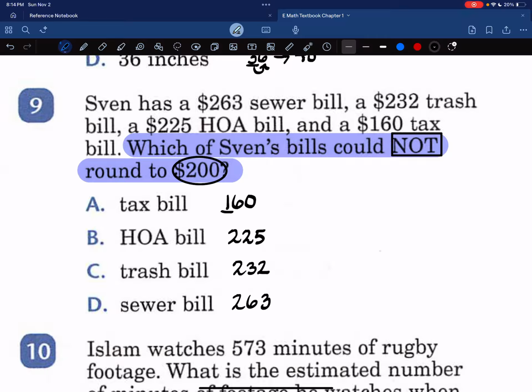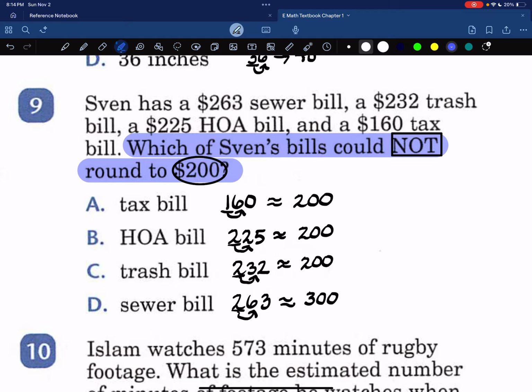So let's mark our hundreds places and then start looking at our neighbors. 160 is approximately 200. 225 would also round to 200. 232 would also round to 200. 263, the neighbor says round up on this one. That one would round to 300. And we want that one. That's the one that would not round to 200.